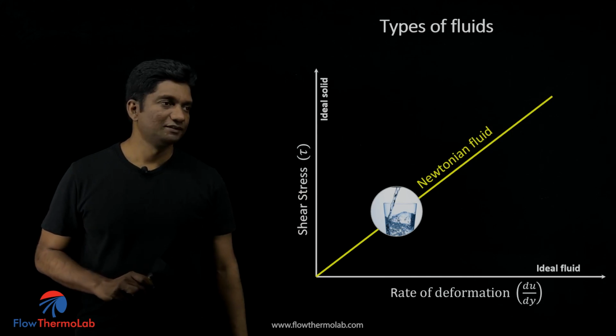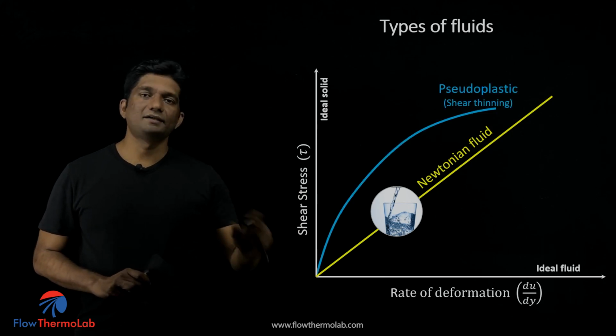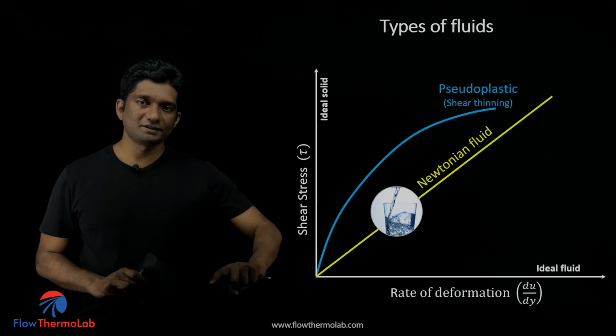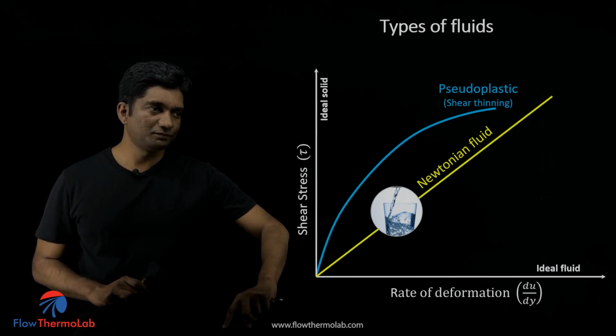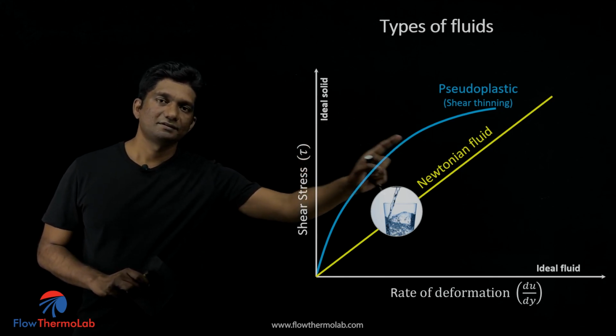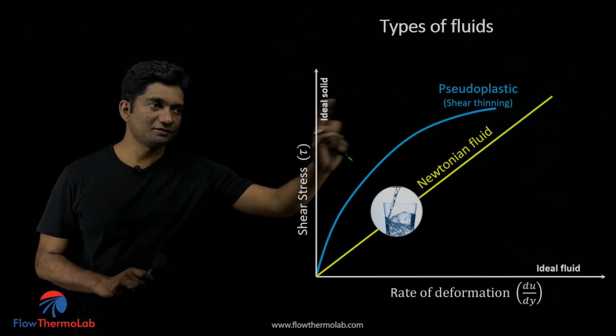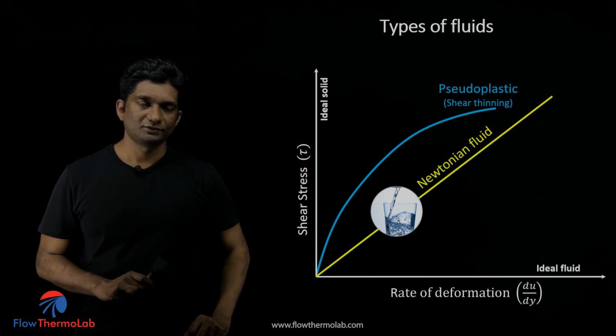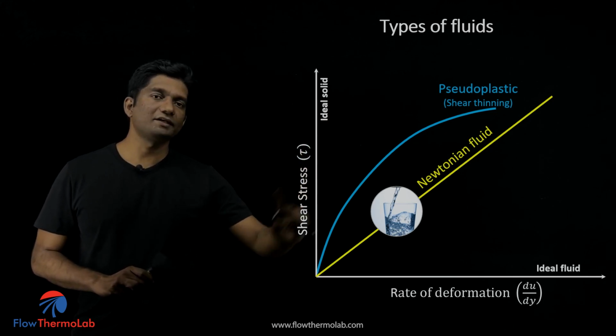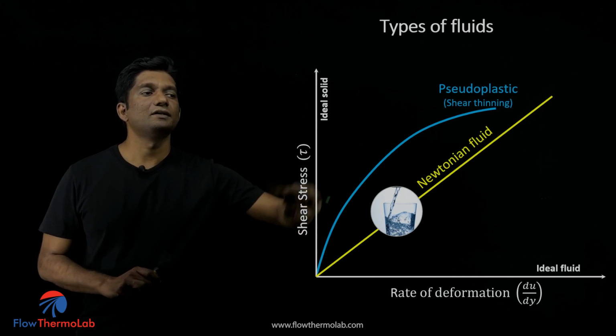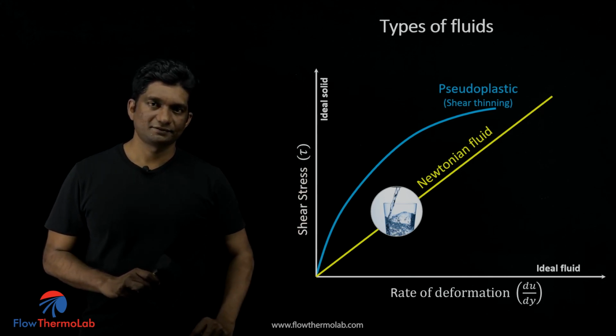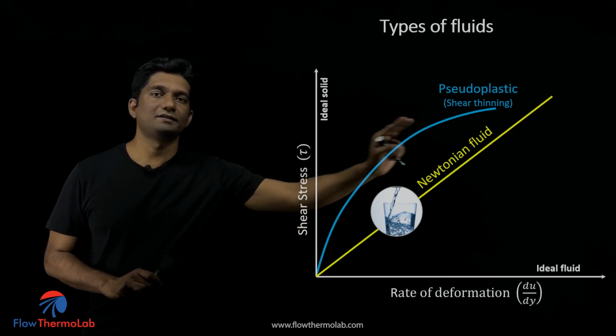This is very good. But there are different types of fluids. Now imagine the curve is slightly different. So how can you read this curve? That means for a smaller rate of deformation itself, you need a higher shear stress. And then after that, it comes down.